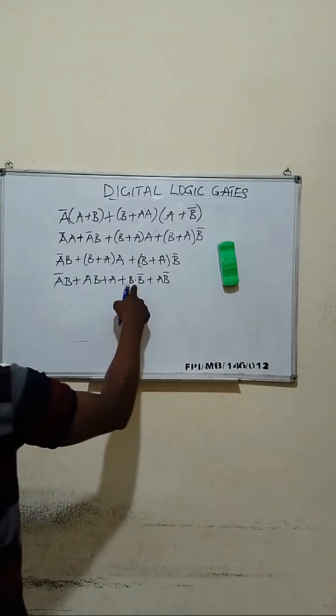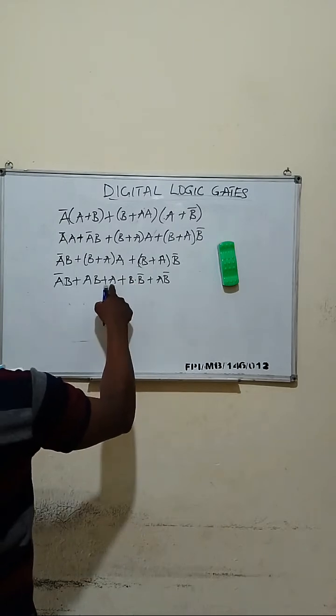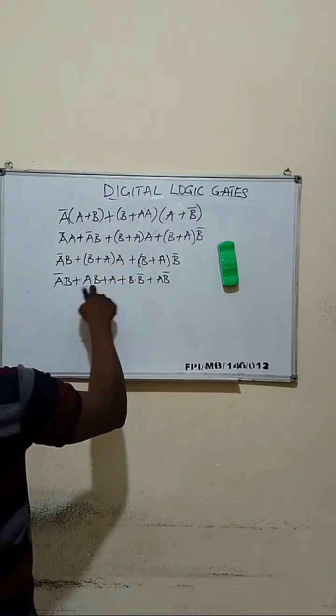The next line, we will not see that one again. Then this one will remain 1. 1 plus this will be this.